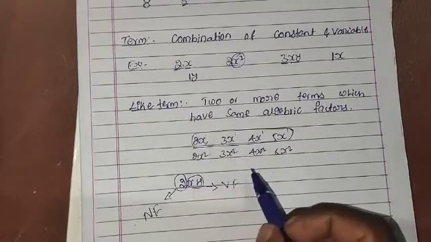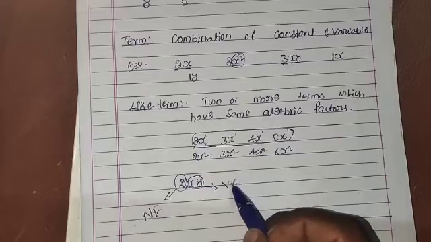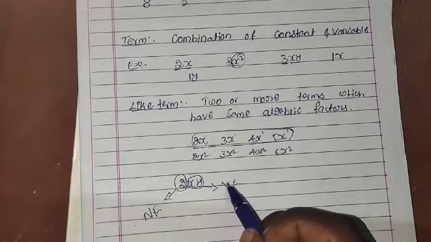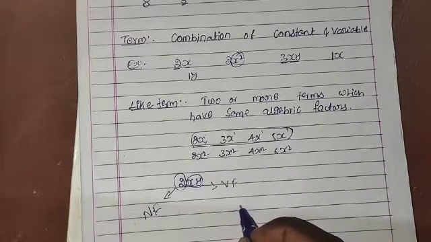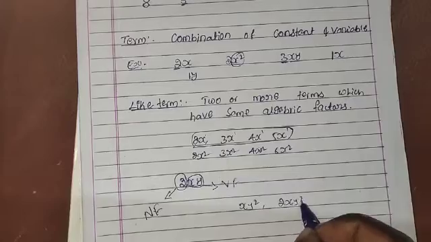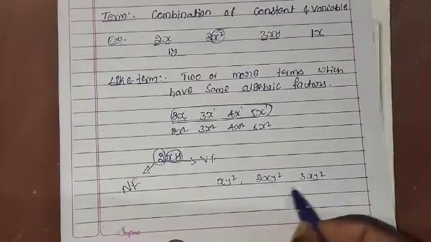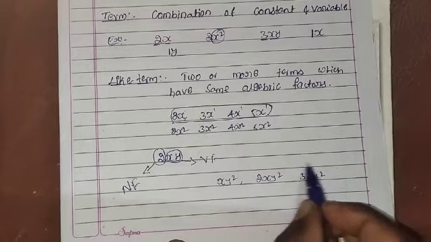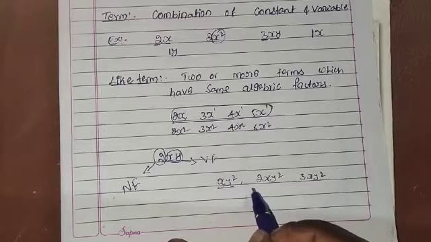Like terms are two or more terms which have the same variable factor. For example, take xy square, 2xy square, 3xy square. By observing these three terms, all have the same variable factor, xy square.